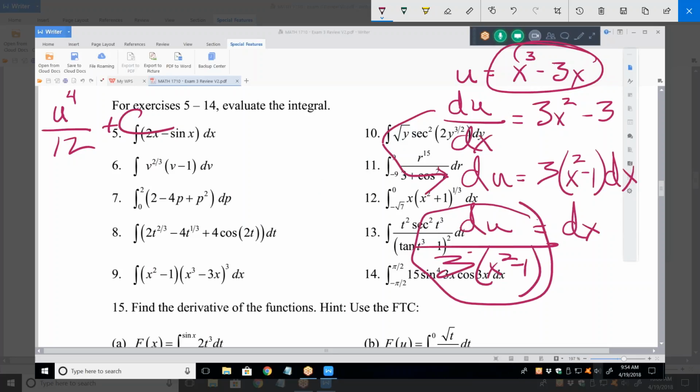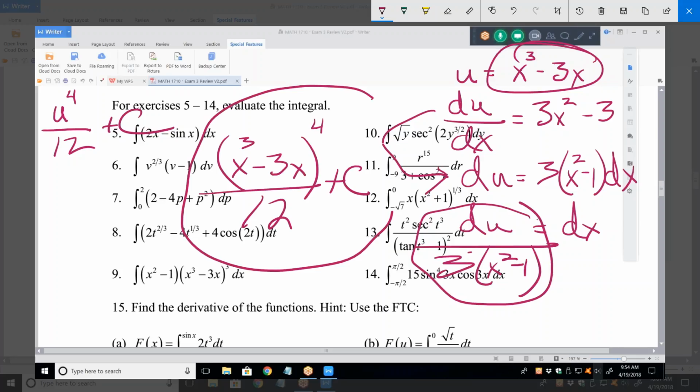So I've now got x cubed minus 3x to the fourth divided by 12 plus c. That's the answer you're going to see in the book or at the bottom, and that's the way you do it. You take an integral that's in x and you turn it into an integral in u. And u is always the inside of the composite function.